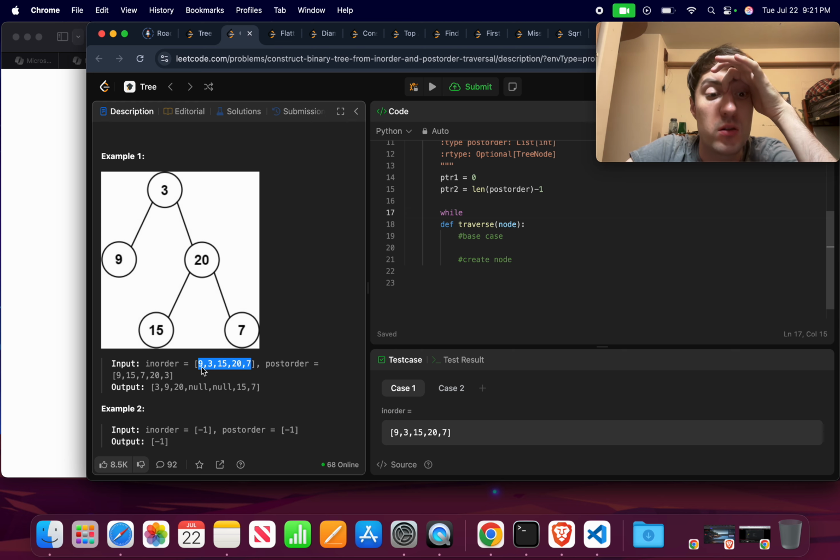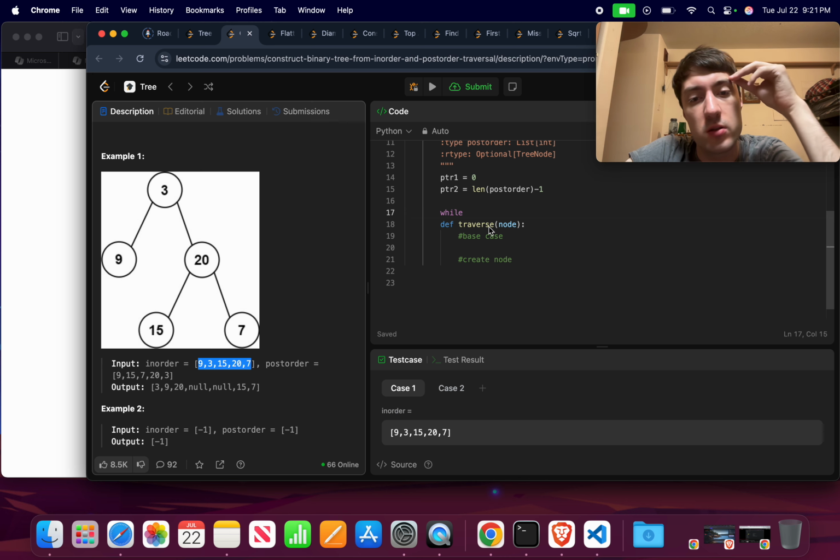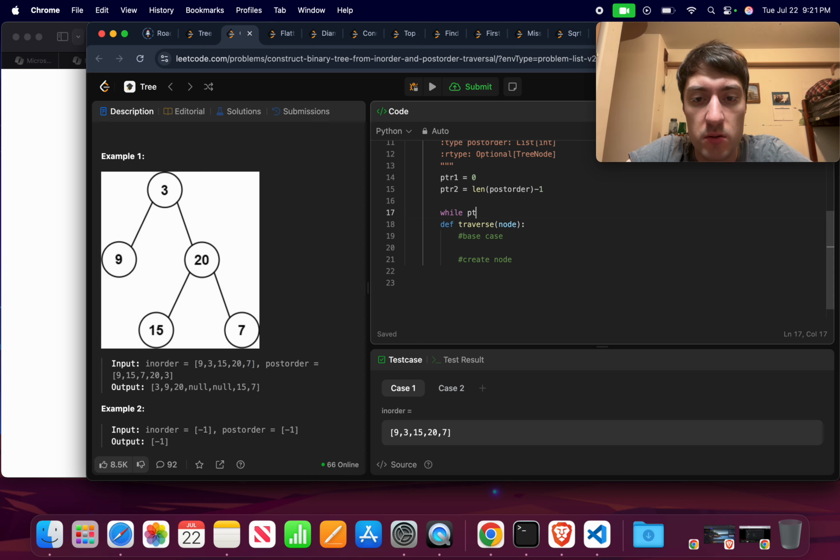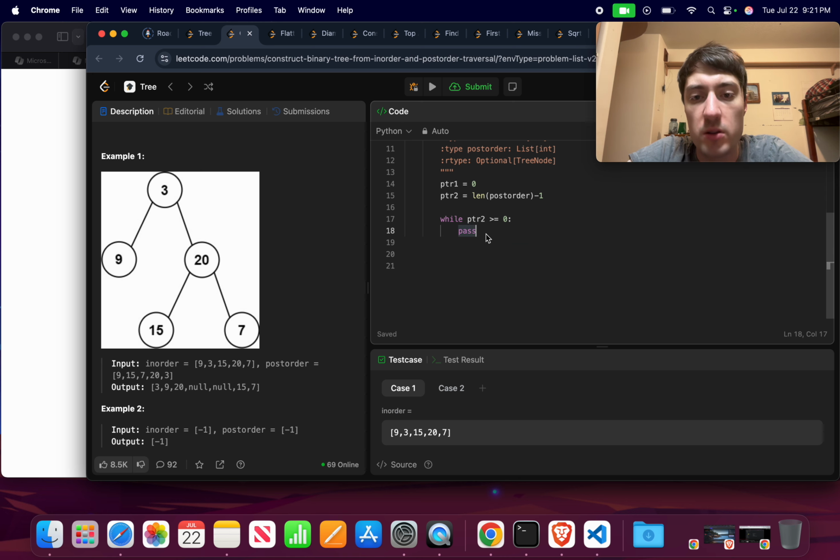So while, and I'm just going to go backwards, right? So while pointer 2 is greater than or equal to 0, then we're going to do something. What are we going to do? We're going to create a node out of where we currently are pointing. I want to create a tree node, right?